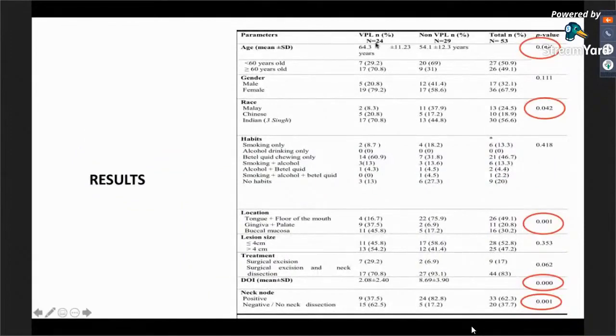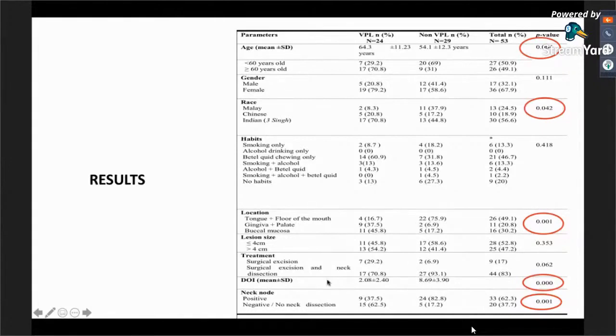If you look at verrucopapillary lesion and non-verrucopapillary lesion, they tend to be of older age group, slightly older, and there seem to be more in the Indian population, but there's a lot more to this because I'm sure there are a lot more confounders there. But in terms of just this direct comparison, and in terms of location, the gingiva and the buccal mucosa is more in the verrucopapillary, whilst the tongue and floor of the mouth is more for the non-verrucopapillary.